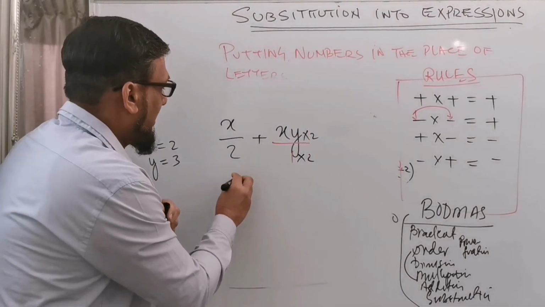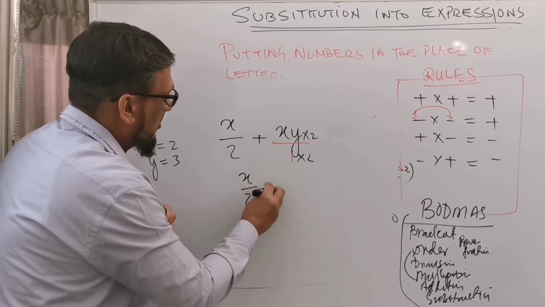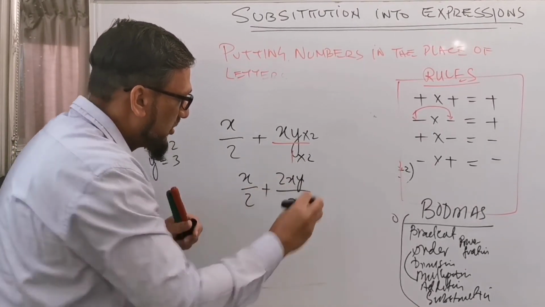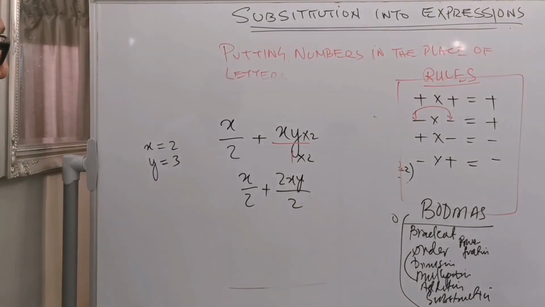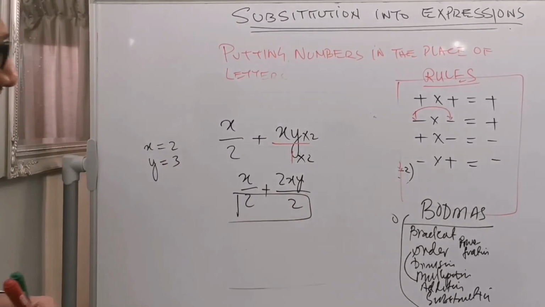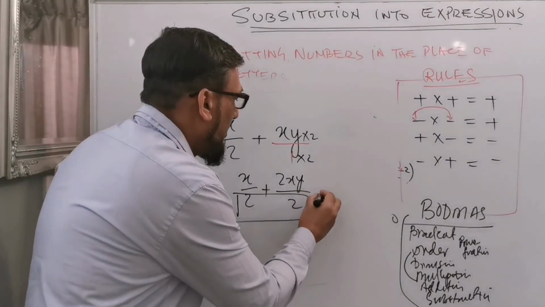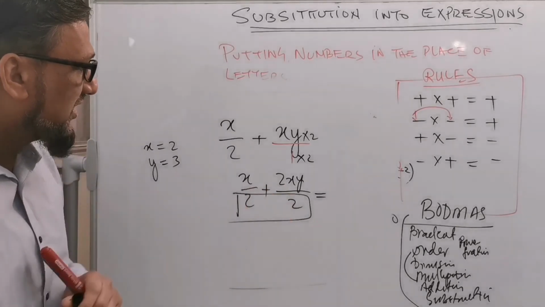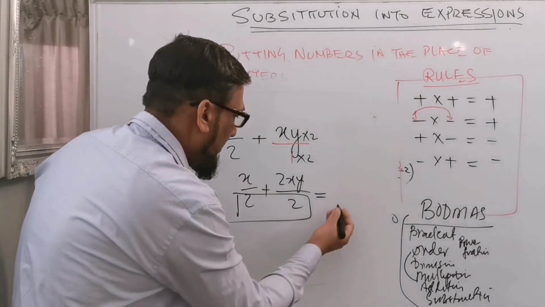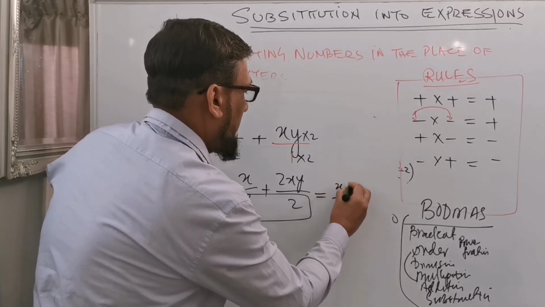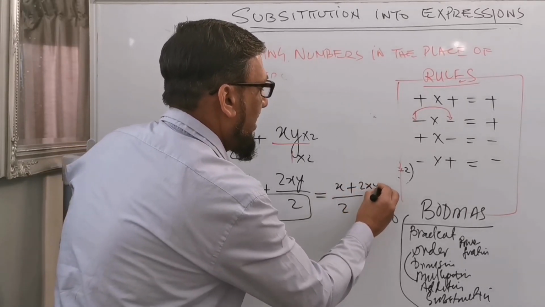So now the expression becomes 2x plus 2xy over 2. Now the denominators are the same, so you can substitute the values of x and y.